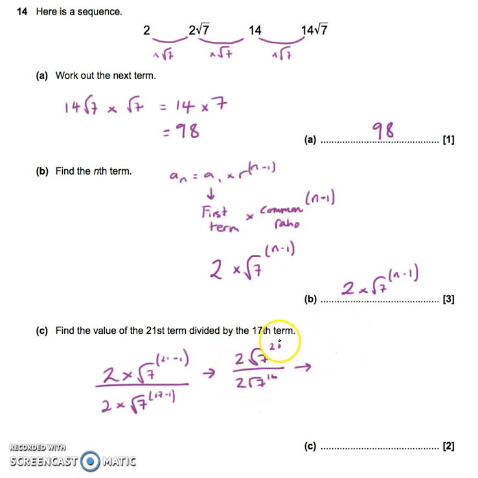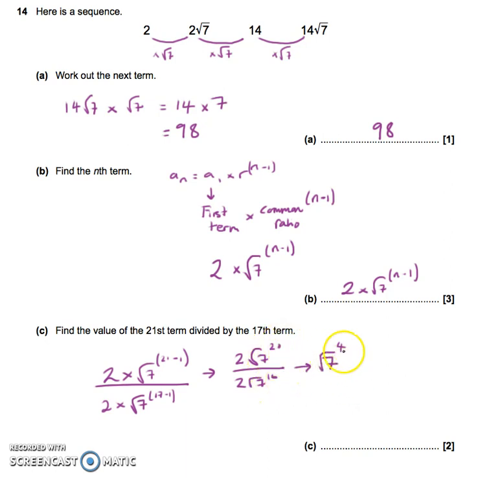And root 7 to the power of 20 divided by root 7 to the power of 16. Use your indices rules here, same base number. So you're going to end up with root 7 to the power of 4, because you take away the 16 from the 20. If you divide, you're allowed to take away powers.